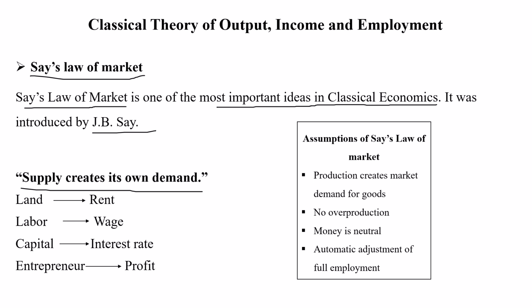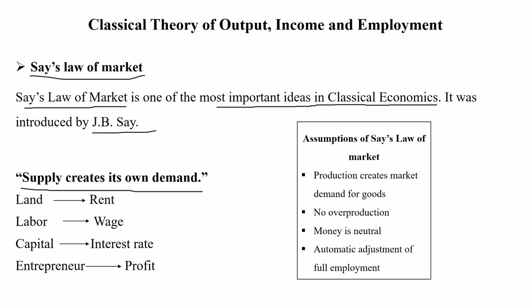In the economy, there are mainly four production inputs: land, labor, capital, and entrepreneur. These four inputs get income in the form of, for example, land gets rent, labor gets wage, capital gets interest, and the entrepreneur gets profit.